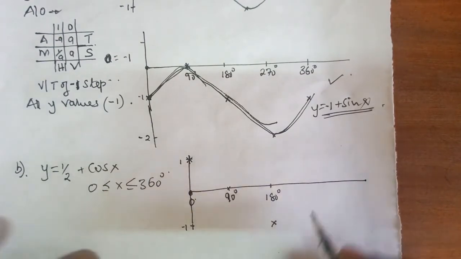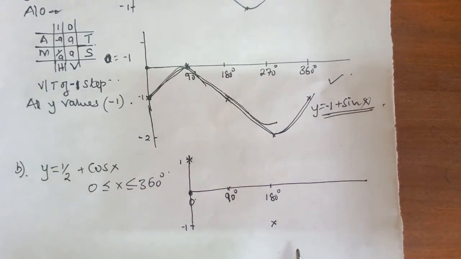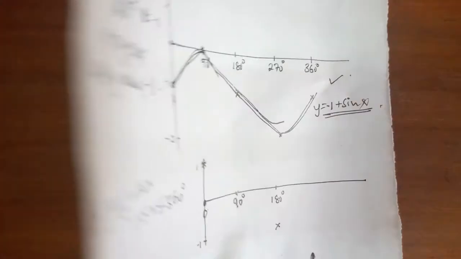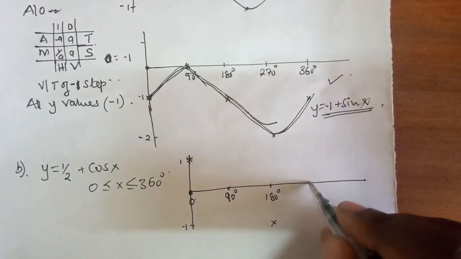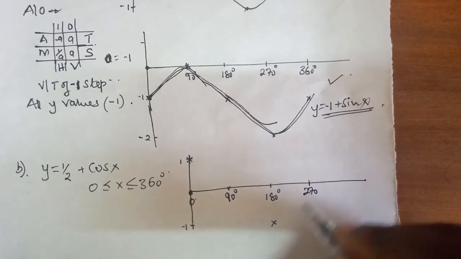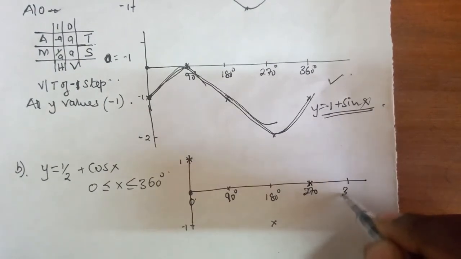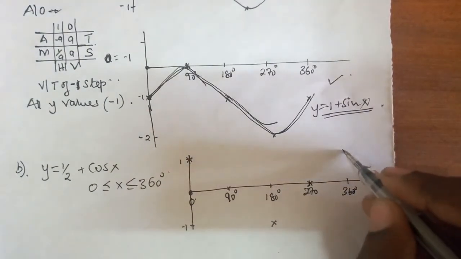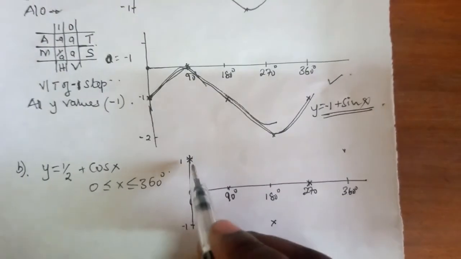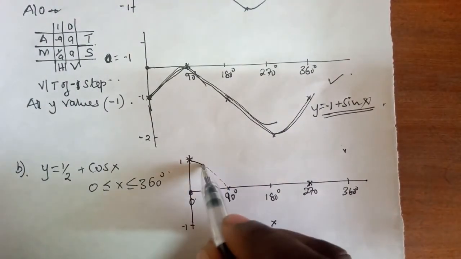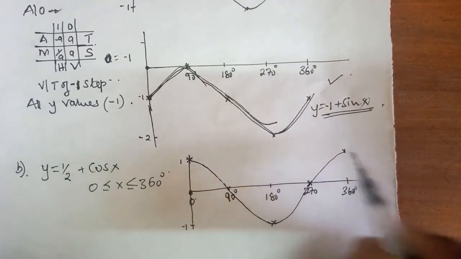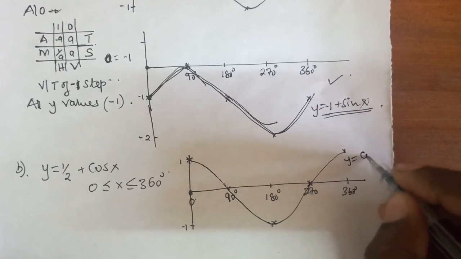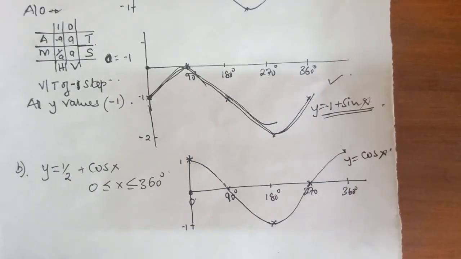When x is 270, the cosine of 270 degrees is 0. When x is 360, the cosine of 360 is 1. So the general graph of y equals the cosine of x looks like that.